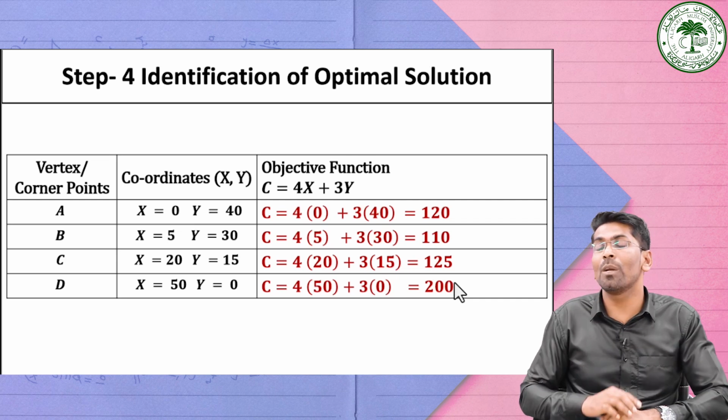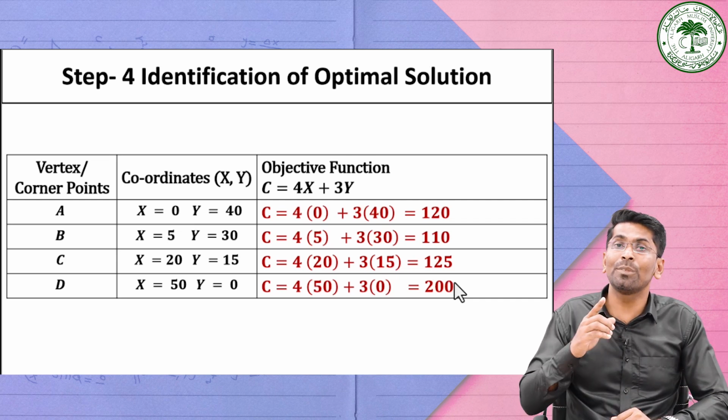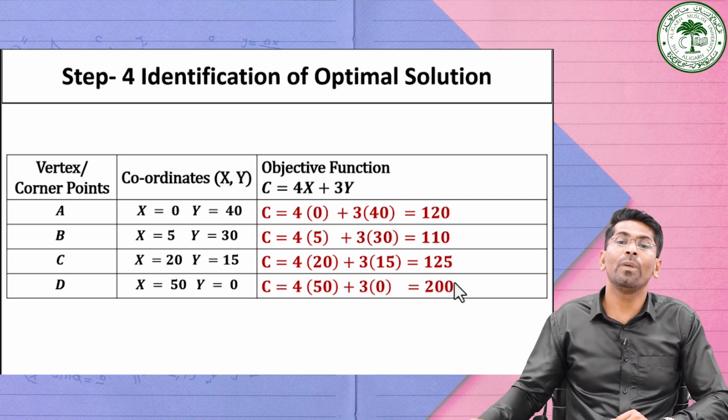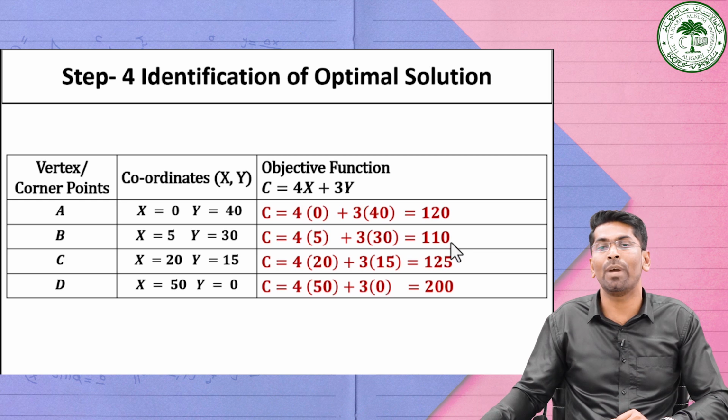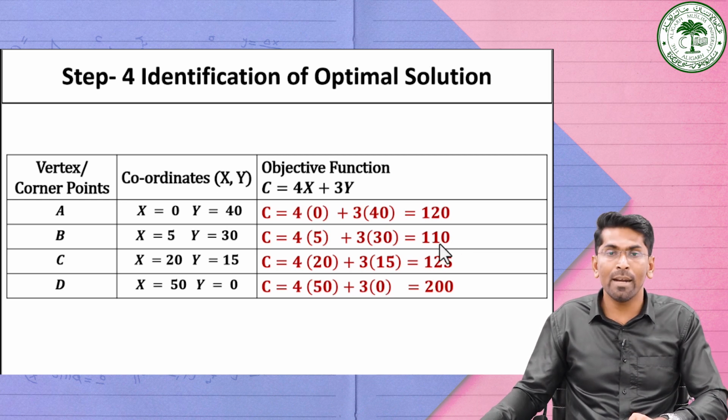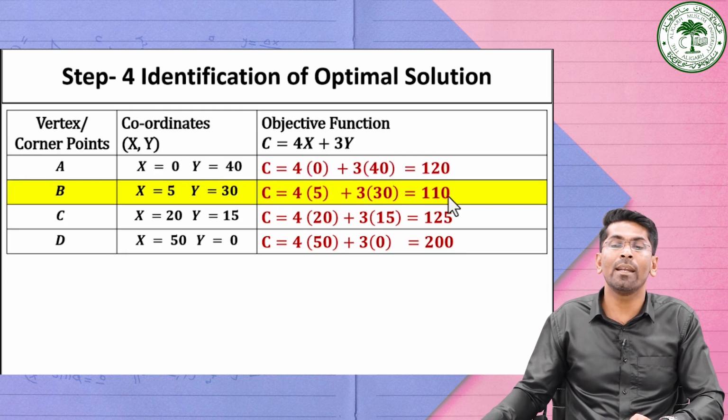So at that point, instead of searching for the higher value, we are going to consider the minimum value from the given objective values. So it is 110. See, 110 is considered the optimal solution. Out of these values, the lowest value, that is 110, is considered the optimal solution or the minimum cost.